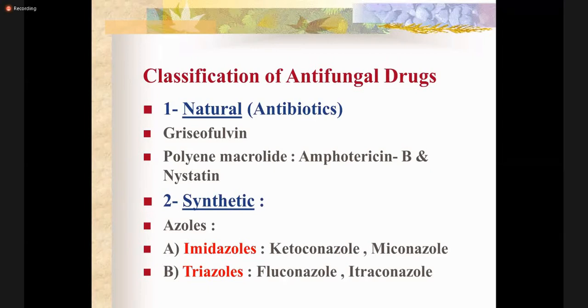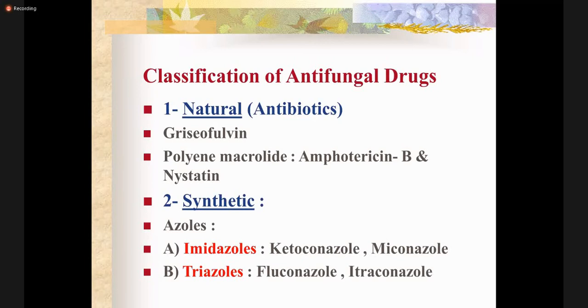The natural, that is derived from the living organism, we have griseofulvin, Amphotericin-B, a very well known drug, and nystatin. They basically derive from living organisms, like plants or bacteria.